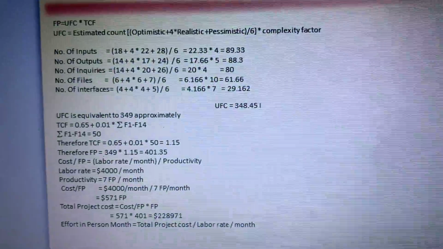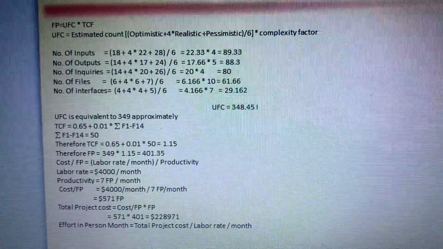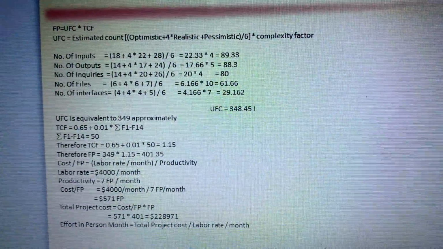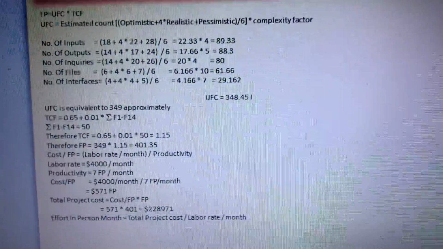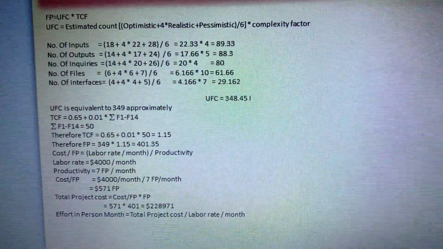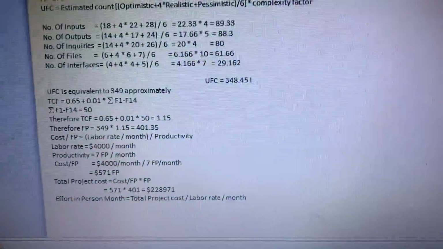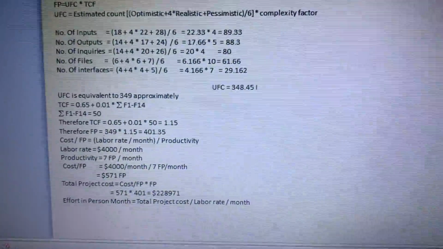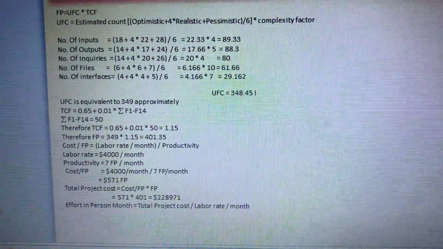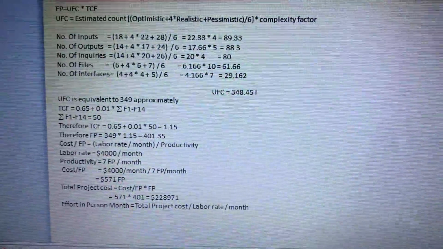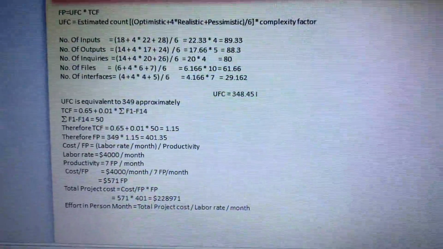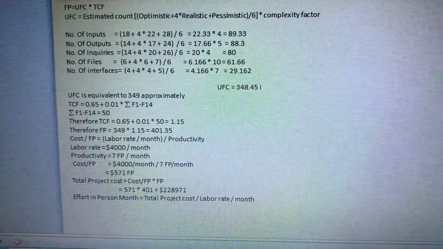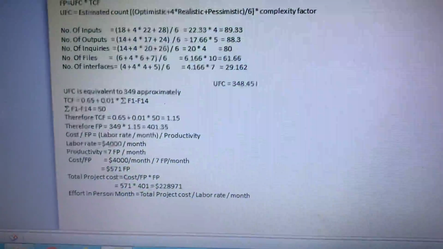Cost per function point is labor rate divided by productivity, so we have $571, and total project cost is cost per function point multiplied by the function points of the new project. Function point also helps us calculate effort: total project cost divided by the labor rate. So the project cost is 228971 divided by 4000, and you have effort in person-months.